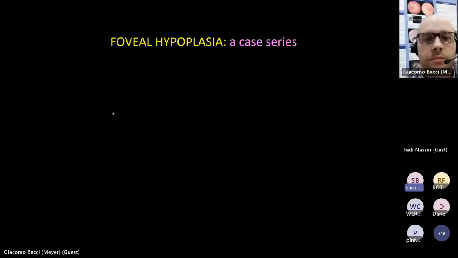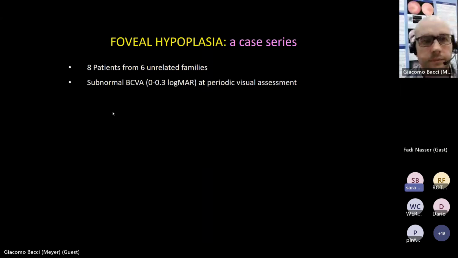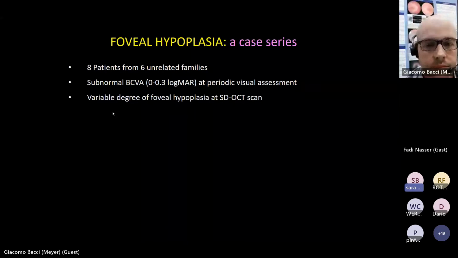And now, as an example of genetic heterogeneity of foveal hypoplasia, I wanted to present you briefly a short case series of 8 patients from 6 unrelated families. These patients presented with a subnormal BCVA and a variable degree of foveal hypoplasia at OCT. Also, these patients had quite normal hair and skin pigmentation, and that's why we define them as having a diagnosis of isolated foveal hypoplasia.